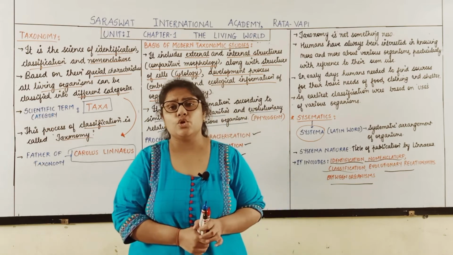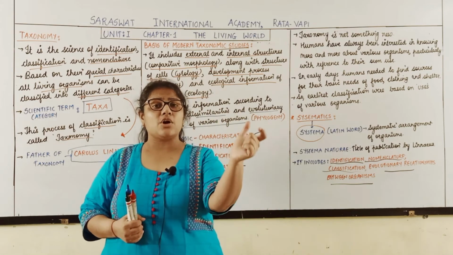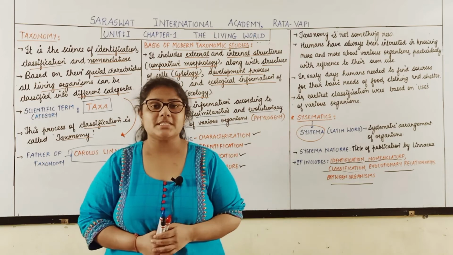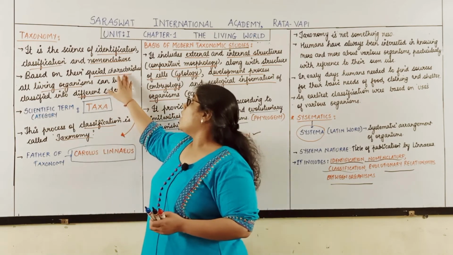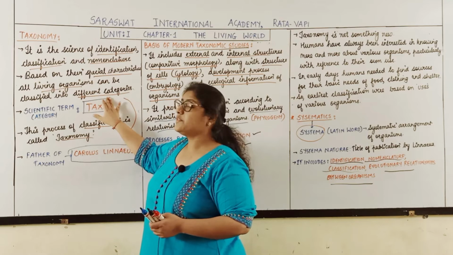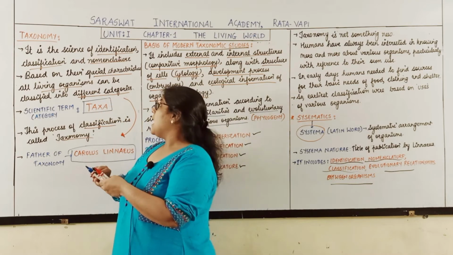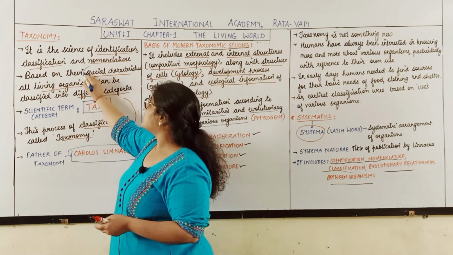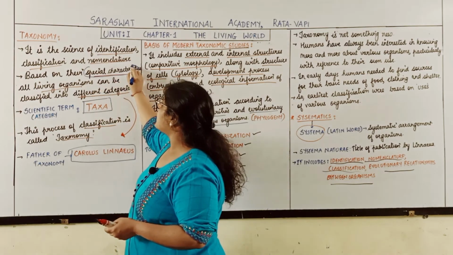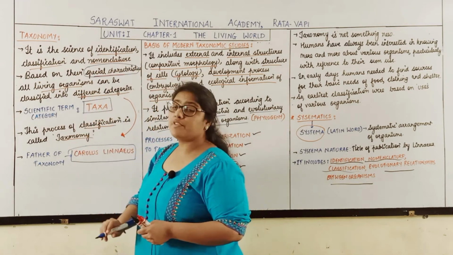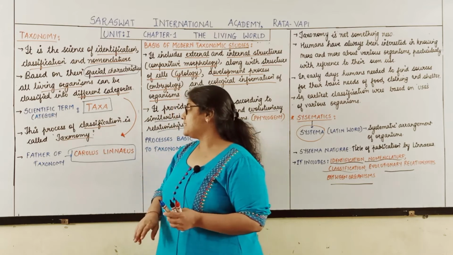Now students, I told you that on the basis of the special characteristics present within the organisms, all the living organisms are classified into different categories. How are the living organisms categorized? They are categorized on the basis of the special characteristics.